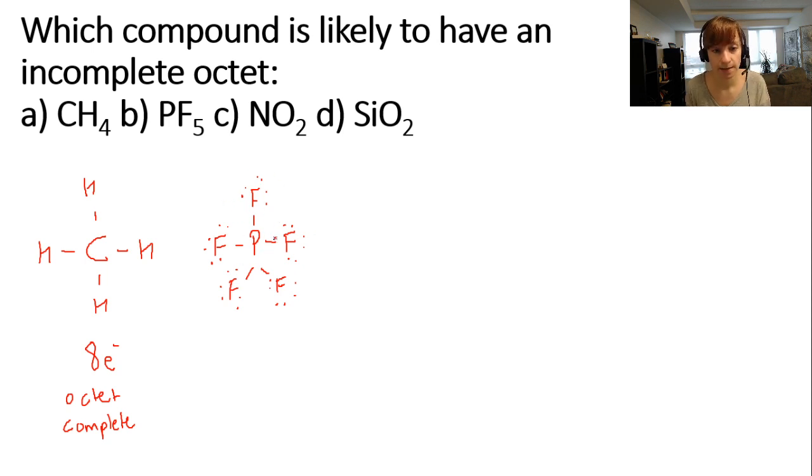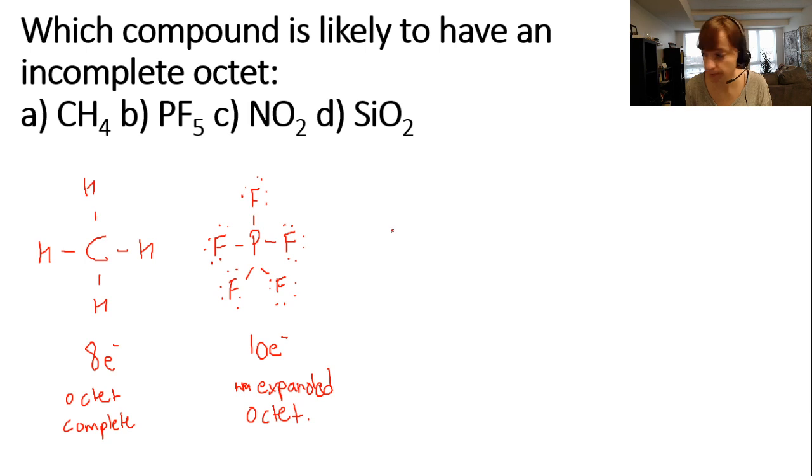The phosphorus has 5 bonds, 2 electrons each, so it has 10 electrons. So it does not have an incomplete octet because it has too many electrons, instead of enough. So it breaks the octet rule. This is called an expanded octet. It's one of the exceptions to the octet rule, and it is stable like this. No charge is needed. It's totally neutral like that.